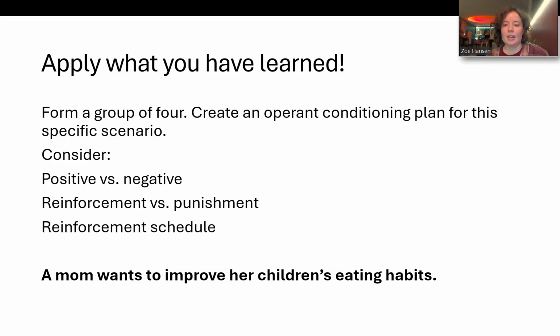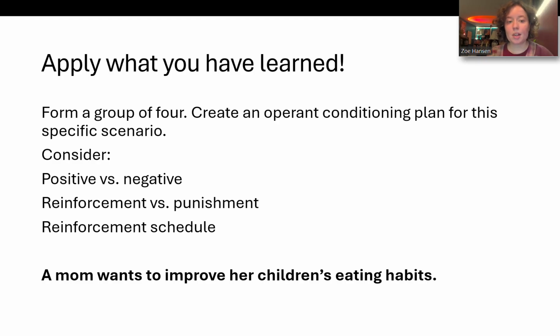All right. Now we're going to have a final activity where you can apply what you have learned. So form a group of 4, and you're going to go ahead and create an operant conditioning plan for a specific scenario. The scenario is that a mother wants to improve her children's eating habits.